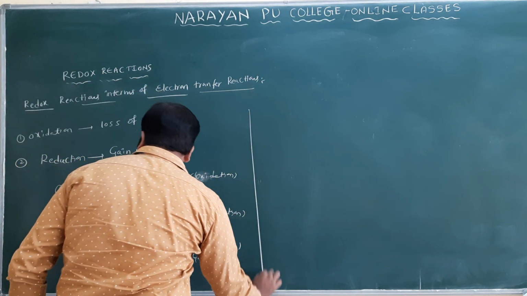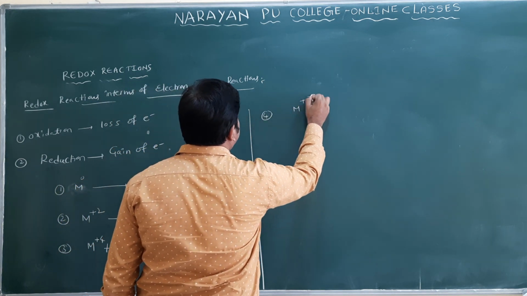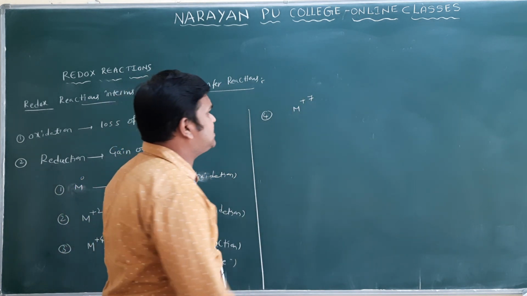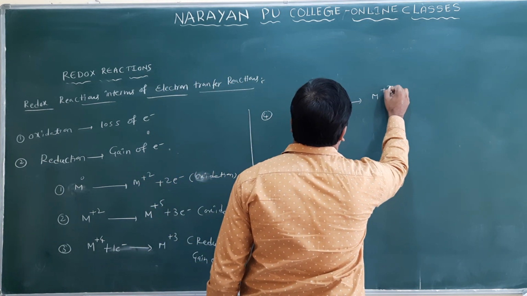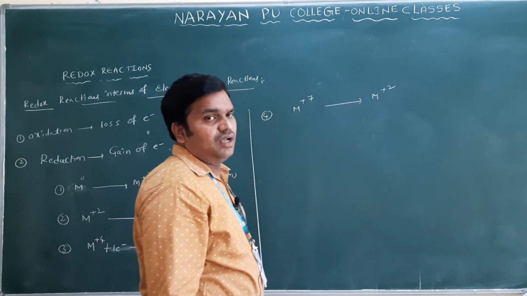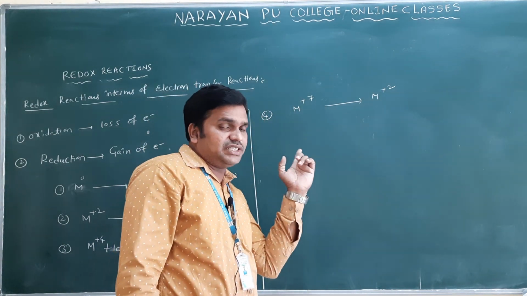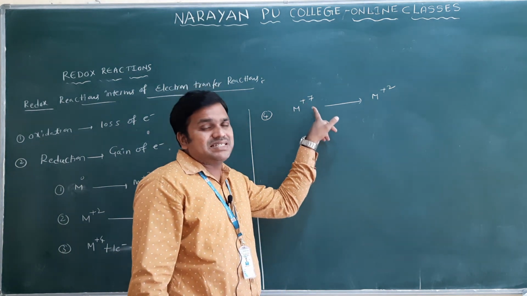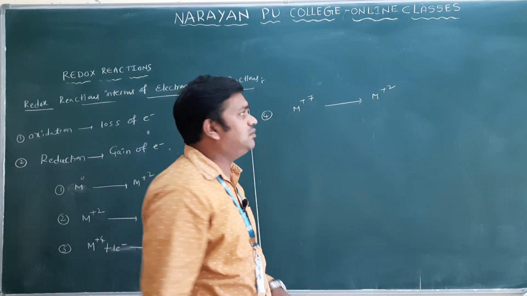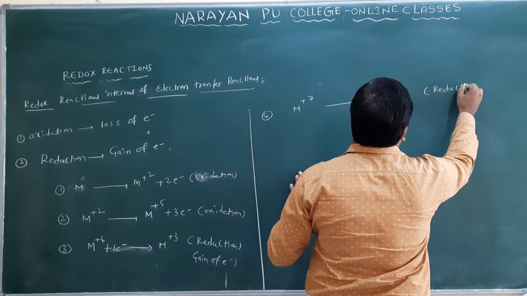Now one more example. I am writing M+7. M+7 is converted into M+2. Here, is the oxidation number decreasing or increasing? The oxidation number decreases from +7 to +2. A decrease in oxidation number we call reduction only.